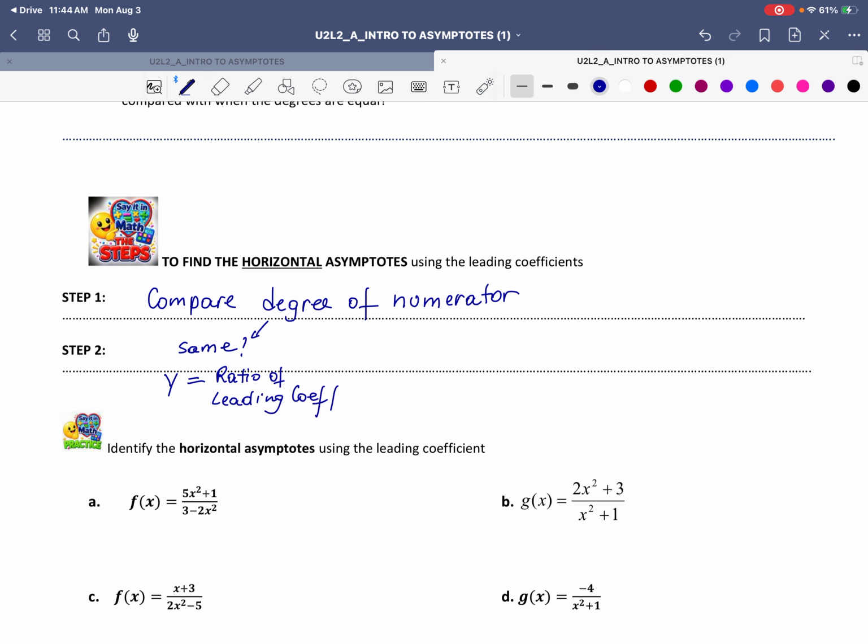If the degrees are different, we have to make them the same by filling it with terms, and then determine the horizontal asymptote again as the ratio of the leading coefficients. Let's take a look at some examples.